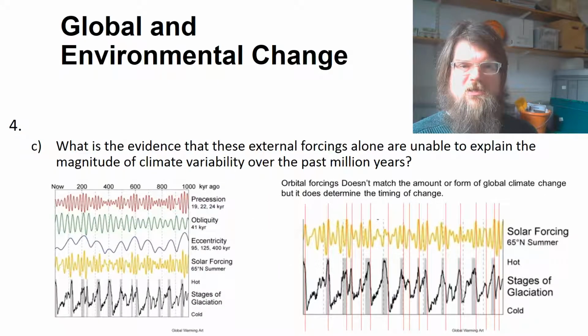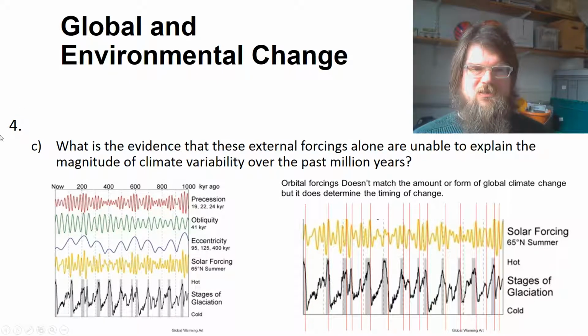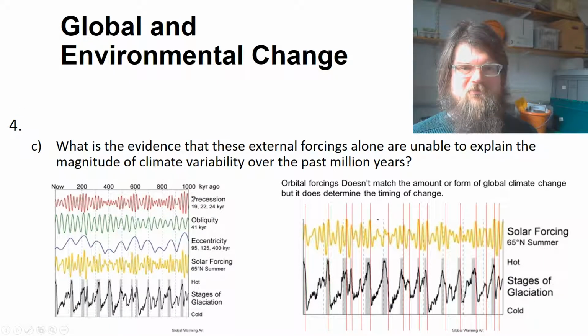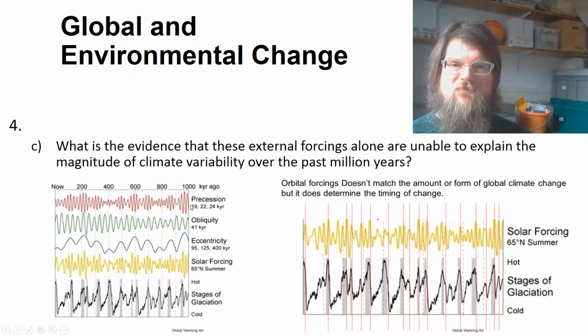This is some of the figures from the lectures. We've got these variations in orbital parameters through time. We can see the eccentricity changing over quite long timescales, precession changing over slightly shorter, tens of thousands of years, and then obliquity, the axial tilt, which varies on timescales of about 41,000 years.